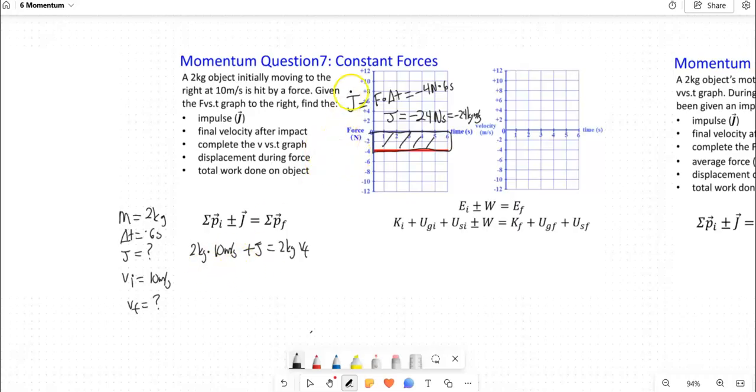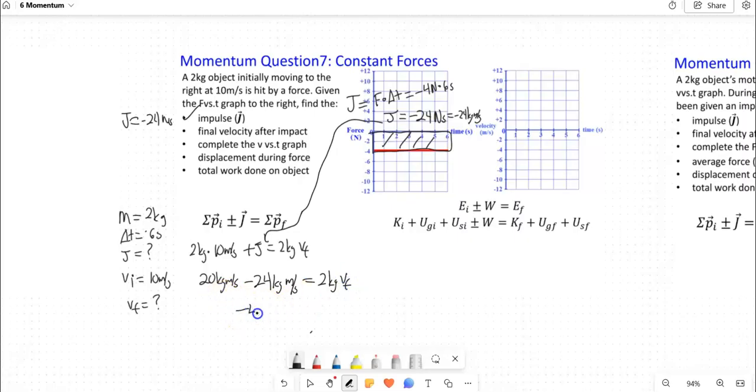Okay, so this impulse that we just figured out, we're going to toss in right here. So this is going to be 20 kilogram meters per second. Impulse, which we just found, J, is going to be equal to -24 newton seconds. So this is going to be -24 newton seconds, but it's also kilogram meters per second. And that's equal to 2 kilograms times V final.